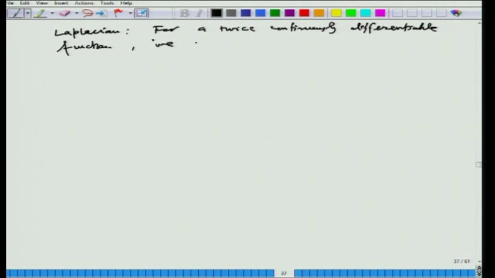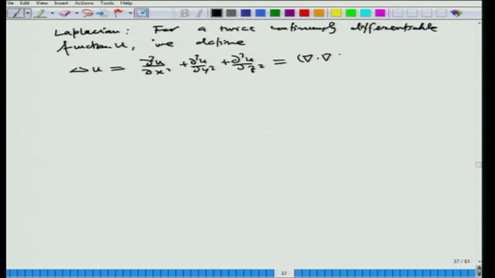We define the Laplacian of a function u as del 2 u by del x 2 plus del 2 u by del y 2 plus del 2 u by del z 2, which is nothing but the divergence of the gradient, del dot del of u, or in short it is written as del square u. That is another notation for the Laplacian.